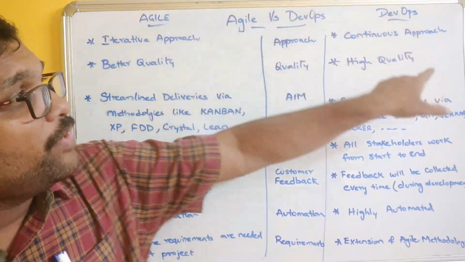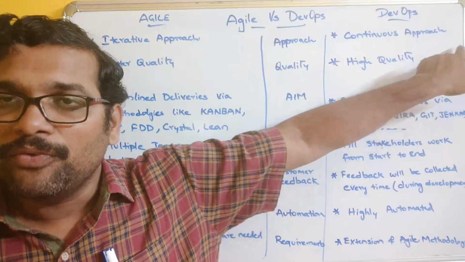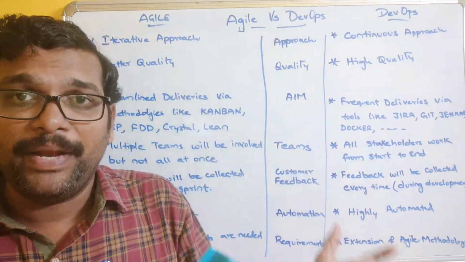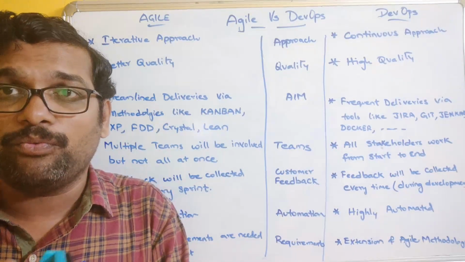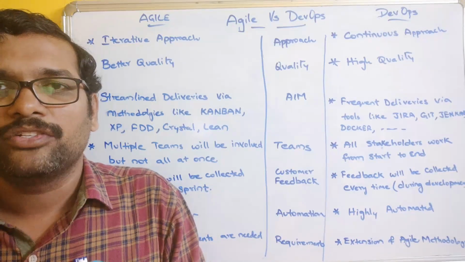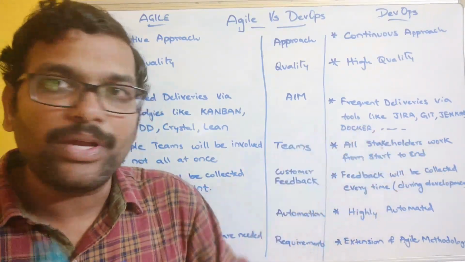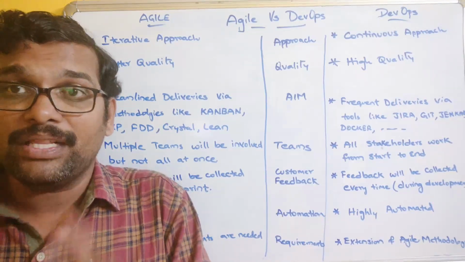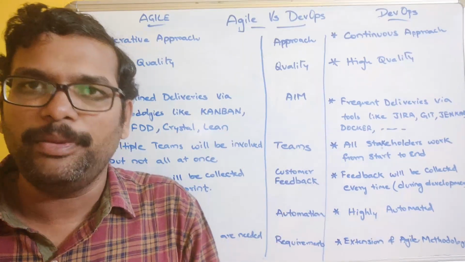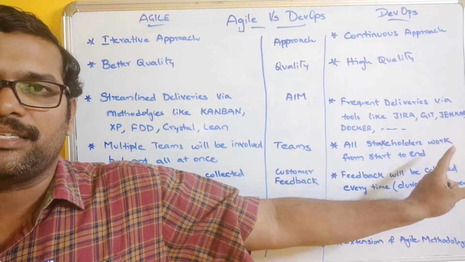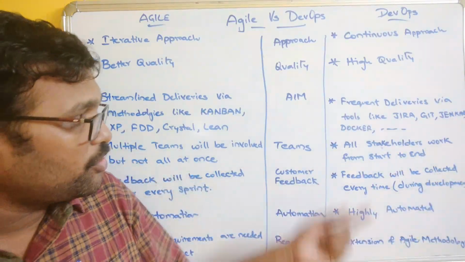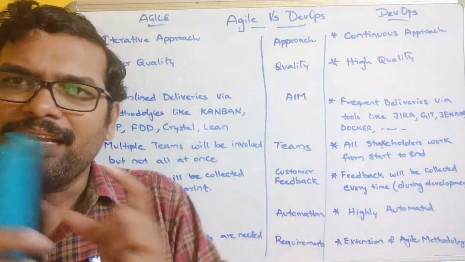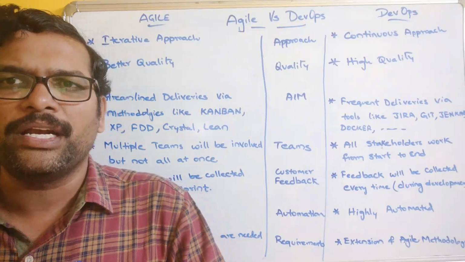So for that, we moved on to DevOps, where both the development team and the operations team work together. All the stakeholders work together from the start to the end of the project. Whenever there is an issue, it is solved immediately. One more advantage of DevOps is automation. Everything is done with the help of automated tools.